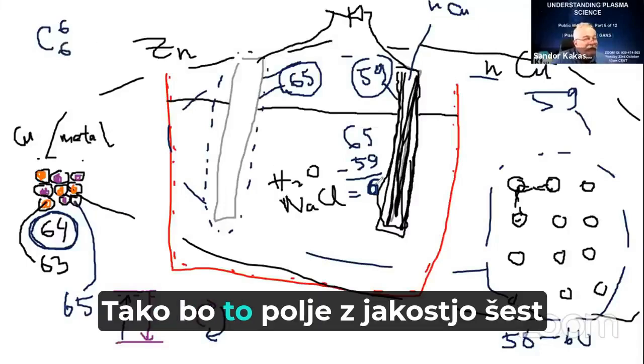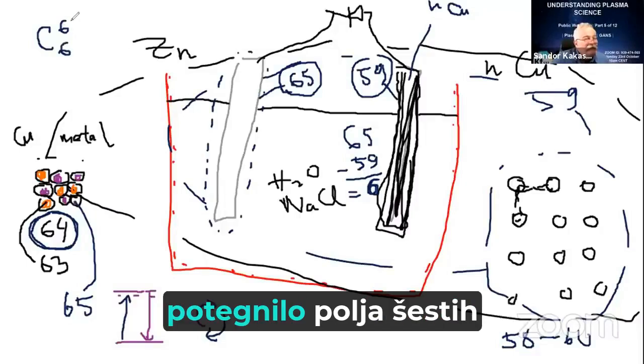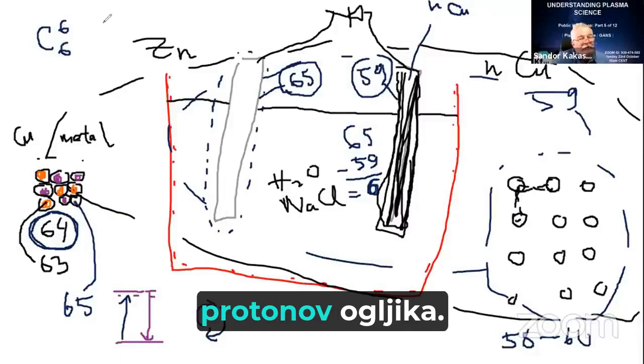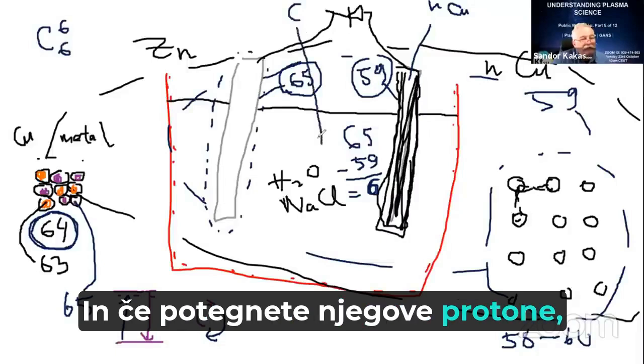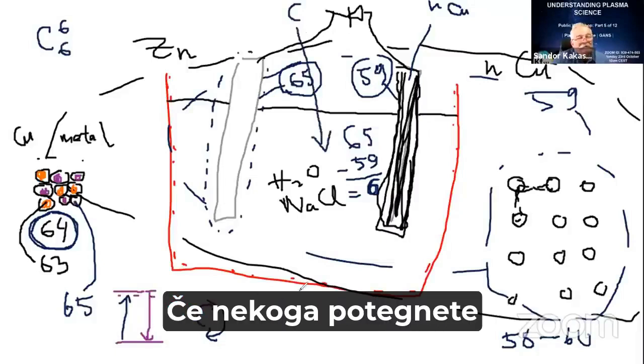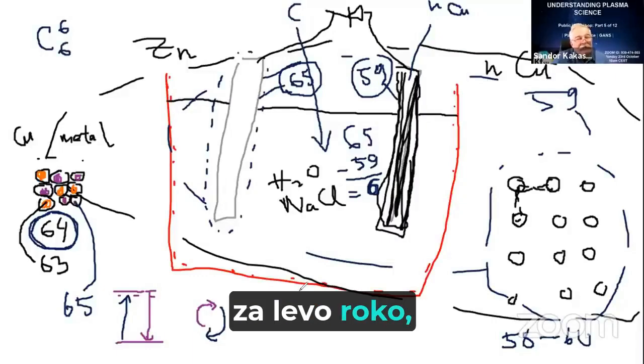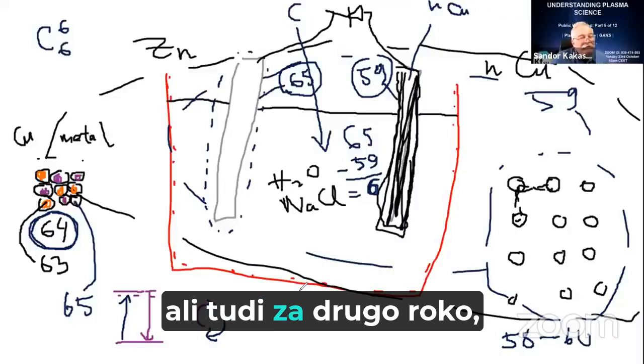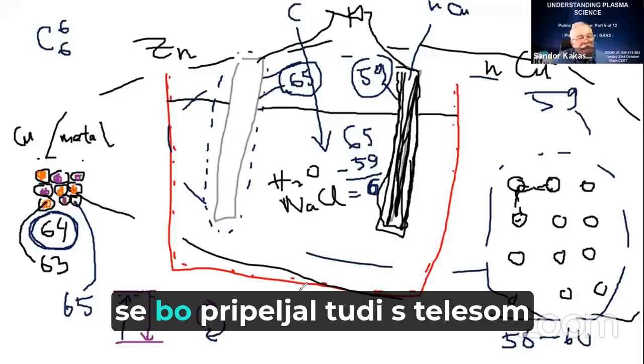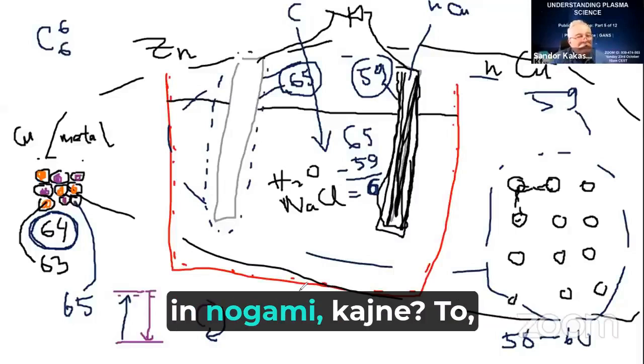So this field strength of 6 will pull the fields of the 6 protons of the carbon. And if you pull its protons, its neutrons will come too. Like if you pull somebody by his left hand, probably his other hand and his body and his feet will come too. Is it so?